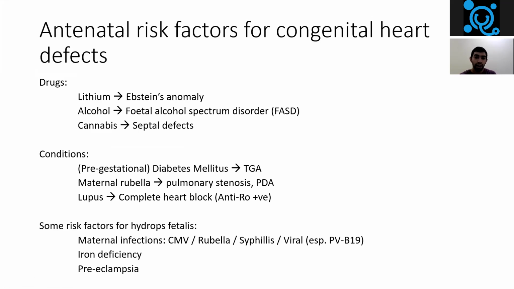And there are a whole variety of antenatal, or in utero, risk factors for congenital heart defects. These are the ones I would say you need to know. In terms of drugs, the main ones you need to know about are lithium, which causes Epstein's abnormality. And the key thing is you should know what Epstein's abnormality actually is, not just the word association.